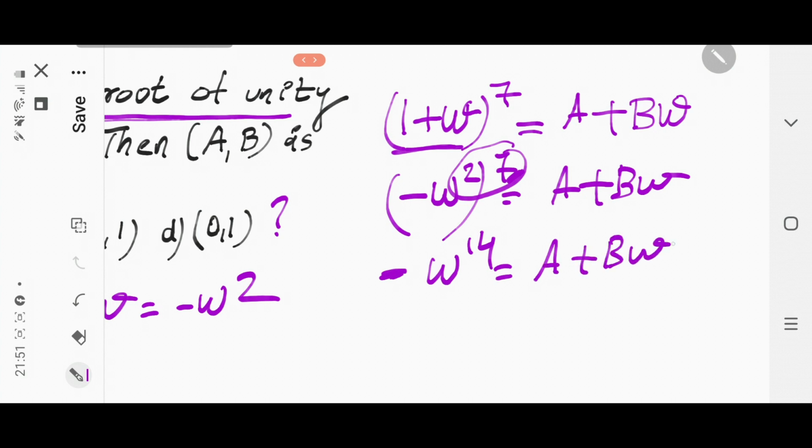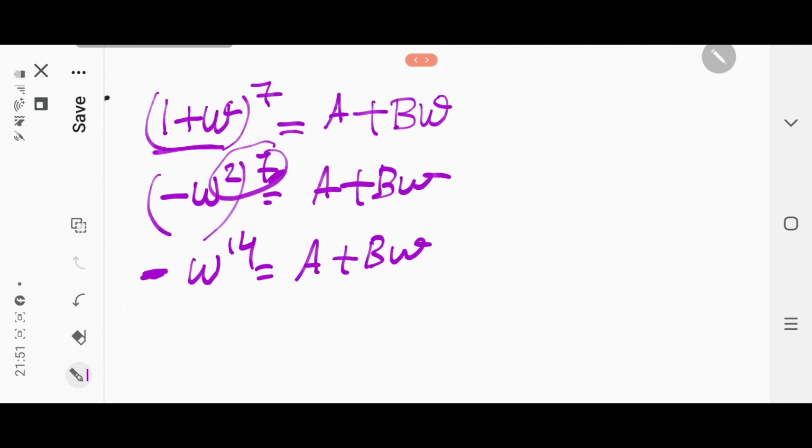A plus B omega. And I had already taken that in previous lectures, how to find the power of omega raised to higher powers, right? Here omega is raised to 14. What to do then? You divide 14 by the number 3. As per the result, omega cube is 1 and omega raised to the power of multiples of 3 is always 1.